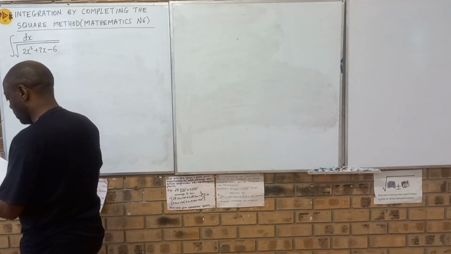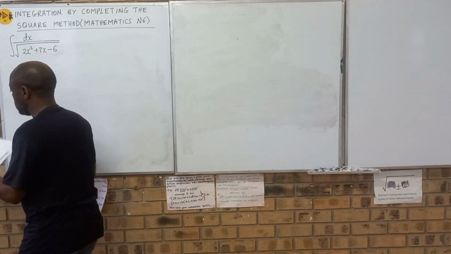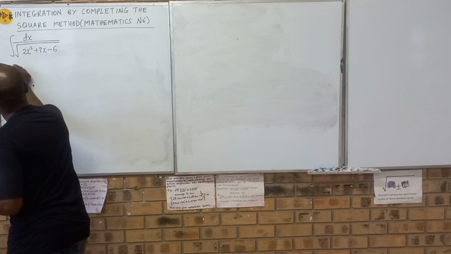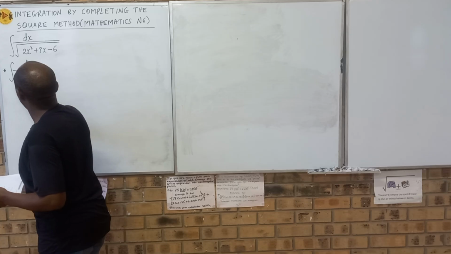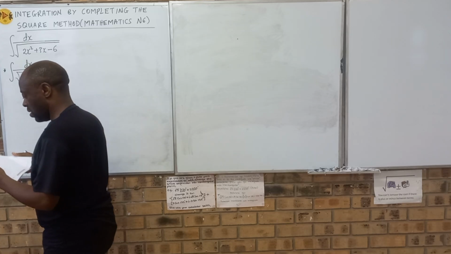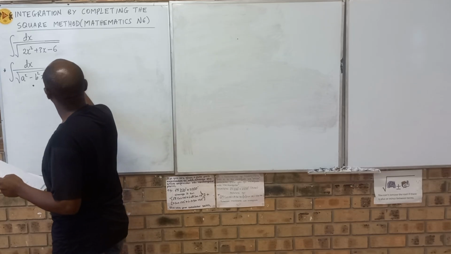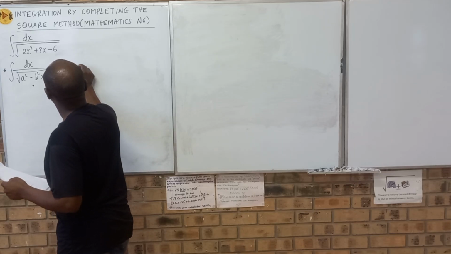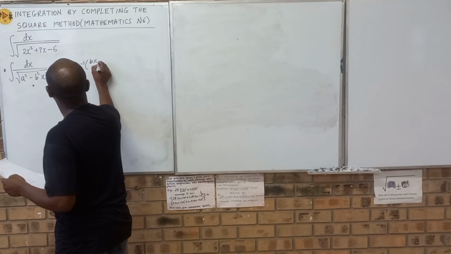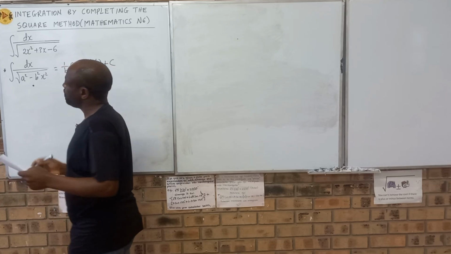Looking at my problem, I'm going straight to my formula sheet, my possible formulas. The integral of dx on the square root of a squared minus b squared x squared is equal to 1 over b, the arc sine of bx over a, plus c.